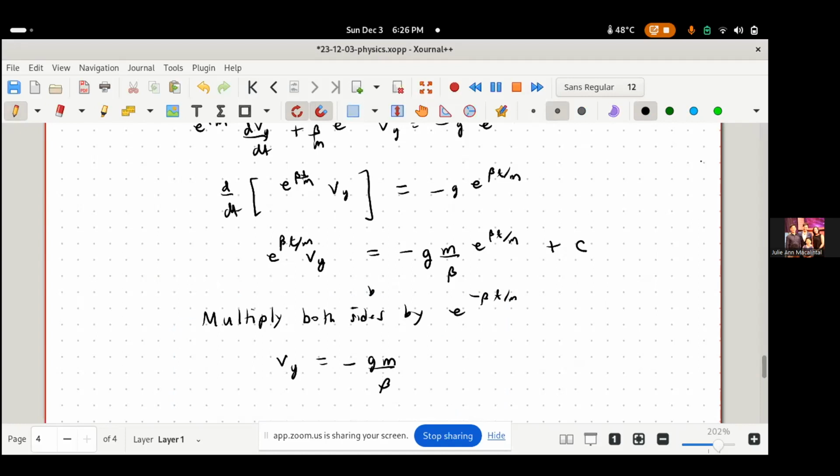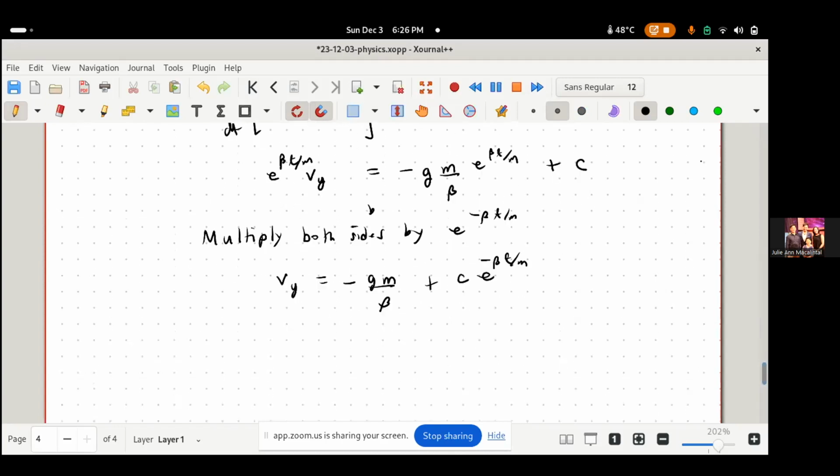So ito, magkakansel sa e to the beta t over m plus may constant e to the beta t over m e to the minus beta t over m. And then we integrate again.